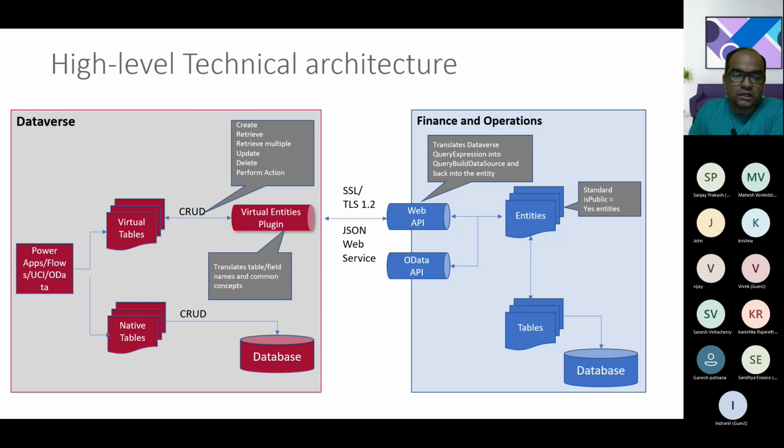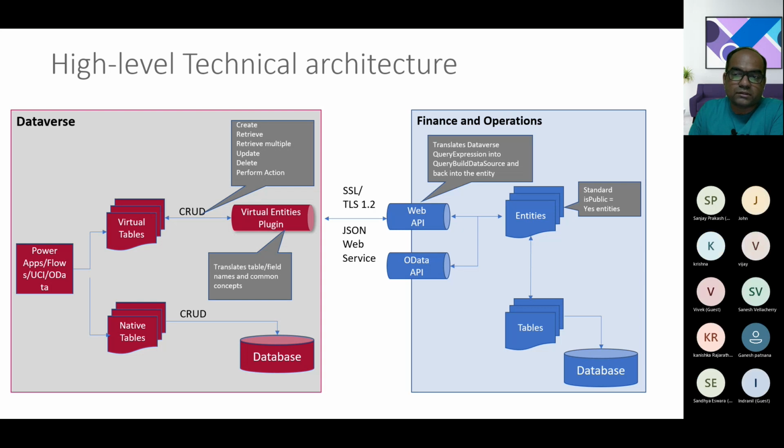So that is how the whole translation mechanism works, from your virtual entity plugin, that is the data provider, with the secure channel through the web API, and then the business logic of the data entity gets executed, as you can see on the right-hand side. This arrow goes to your tables and databases, and once the data entity business logic gets executed, it calls one or multiple tables that are part of that data entity of the finance and operations app, and therefore the table business logic methods also get executed.